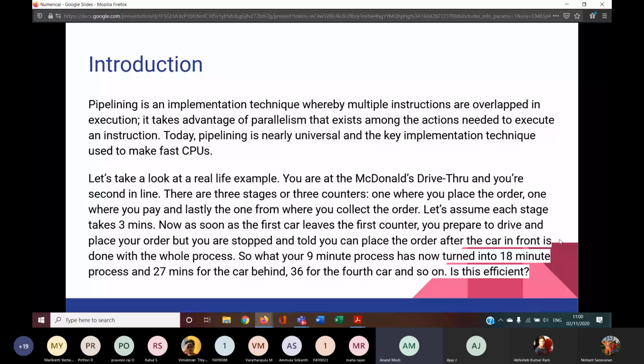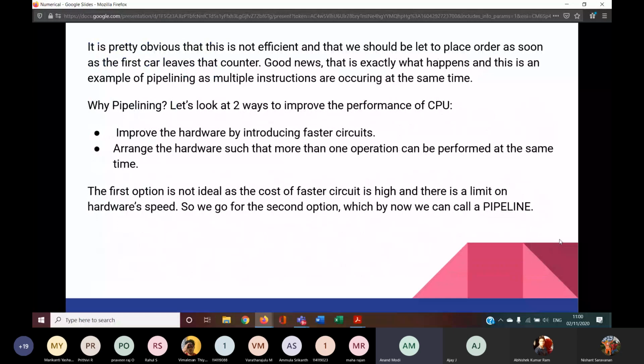There are majorly two ways that we can improve CPU speed, or make CPUs faster. Pipelining is the more efficient one. We will look at why that is in a while. Pipelining is nearly universal, and it is the key technique to make CPUs faster. Can we go to the next slide?